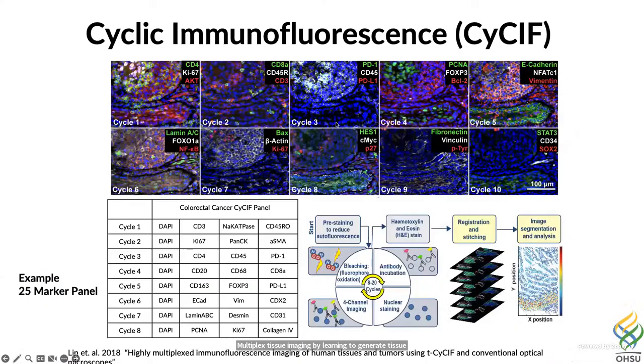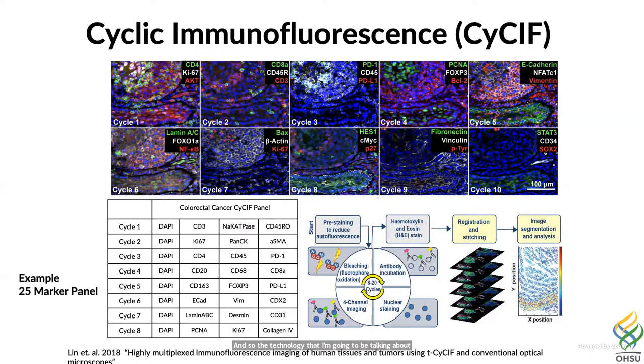So to set up the problem, multiplex tissue imaging is an emerging family of technologies that is really powerful because it allows us to do single cell analysis within the spatial resolution of tissue. The technology I'm going to be talking about today is cyclic immunofluorescence.